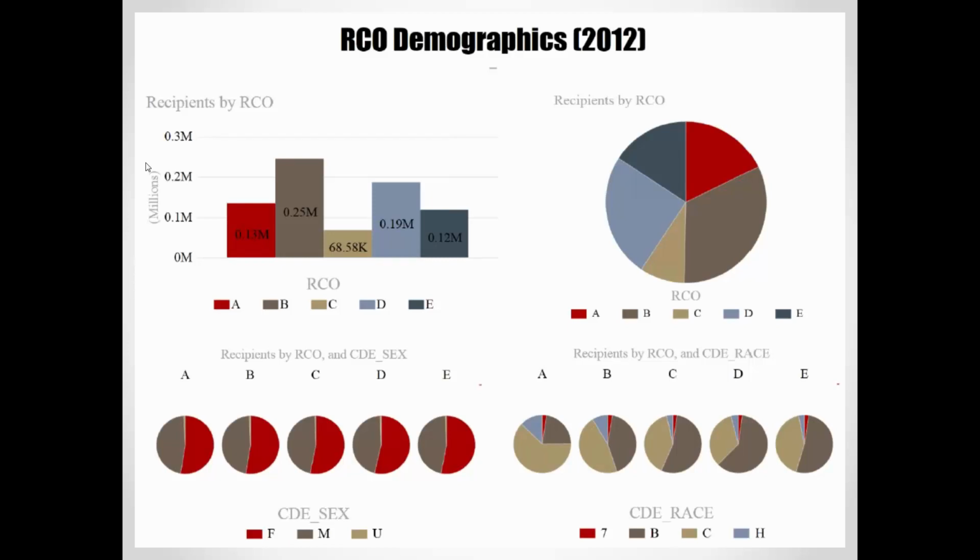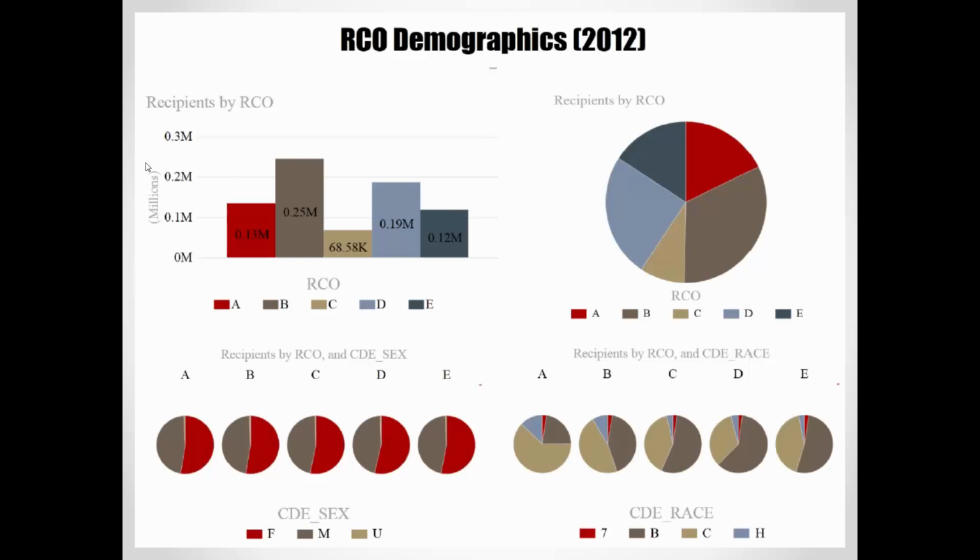We want to take that population that is being included in the group. You'll see in the upper left-hand corner a chart that shows by RCO how many people would have been in each group in 2012. That same information is then provided in a pie chart in the upper right-hand corner.